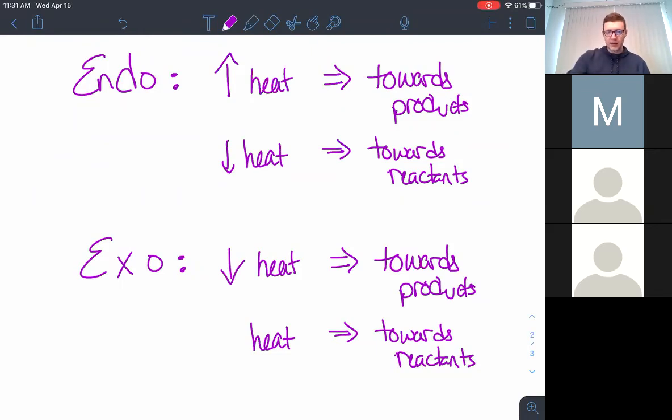And if you increase the heat, it's going to go towards the reactants, because in an exothermic reaction our heat is being released, so it's on that product side. Going towards the products means that there's less heat being added to the system, or it's cooling down. If it's going towards the reactants, that means that there's more heat than needed, so it's pushing that towards the products again.